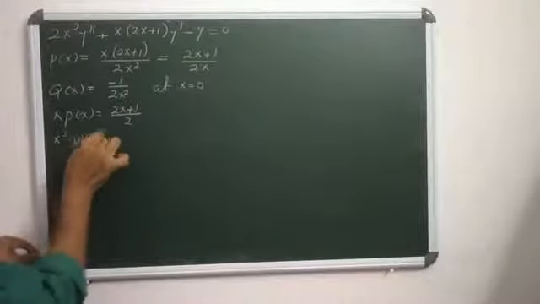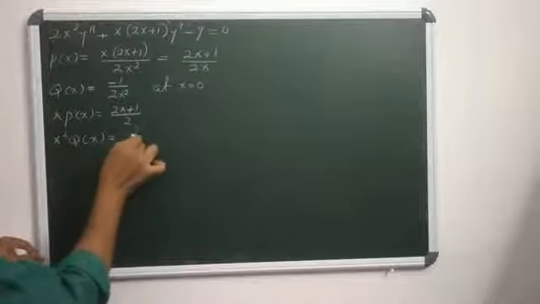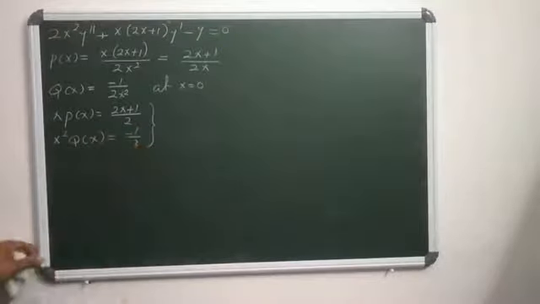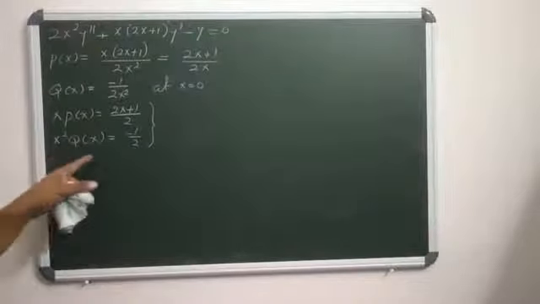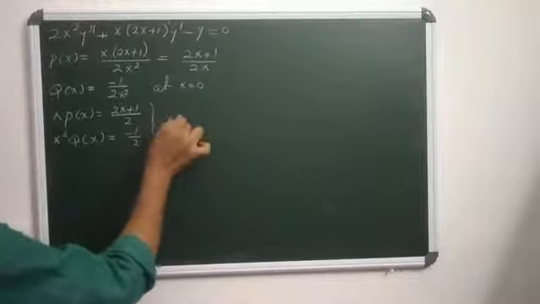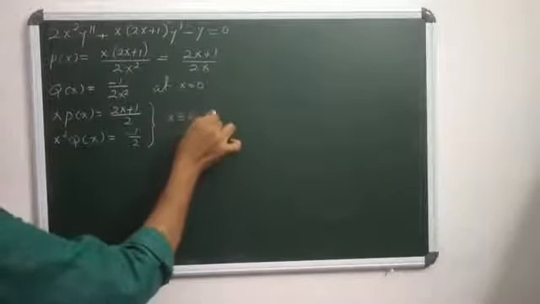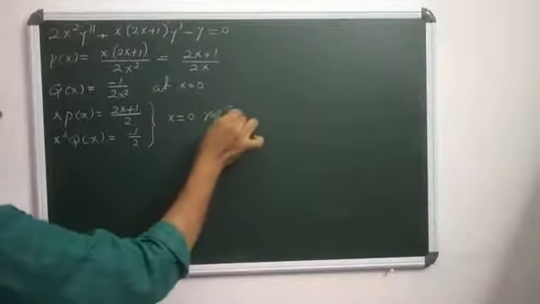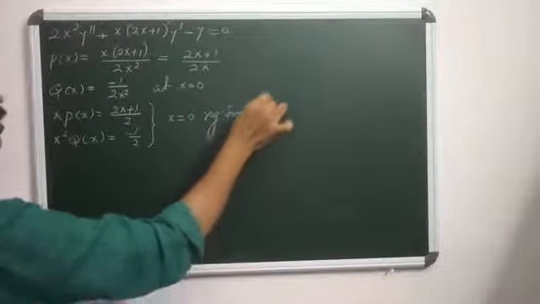So x square into q(x) equals minus 1 by 2. So (x minus 0) into p(x) and (x minus 0) whole square into q(x) are both analytic at x equals 0, and here we can conclude that x equals 0 is a regular singular point.